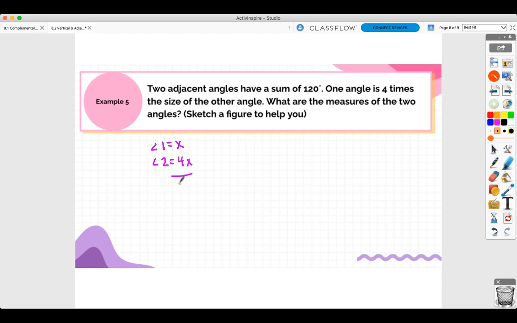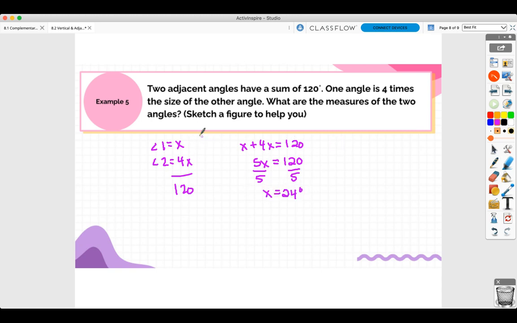So these two together add up to 120. So x plus 4x is equal to 120. 5x is equal to 120. Divide by 5. x is 24.